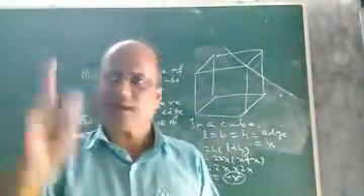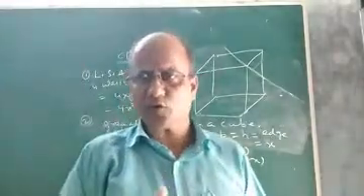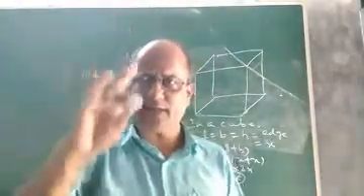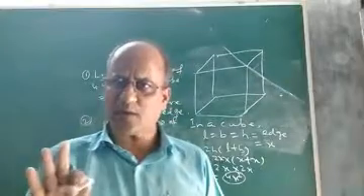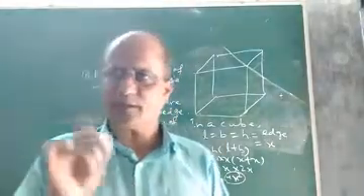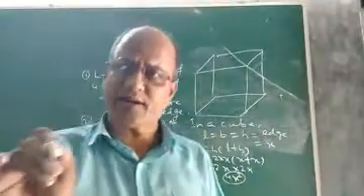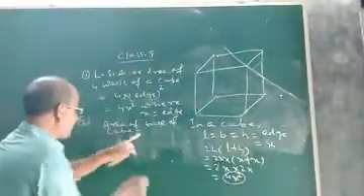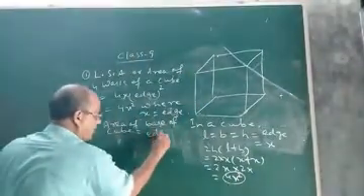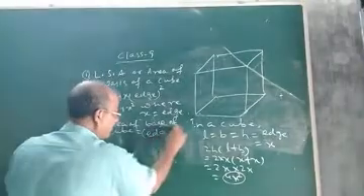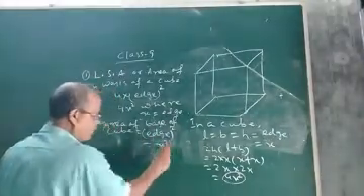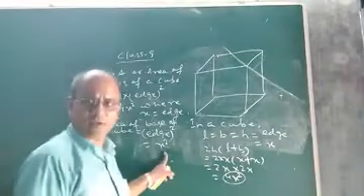So the base is a square and the top is also a square, both floor and ceiling. You know the formula for area of square is side into side. So in case of cube, it will be edge into edge or edge square. So area of base will be x square, if x is the edge of the cube.